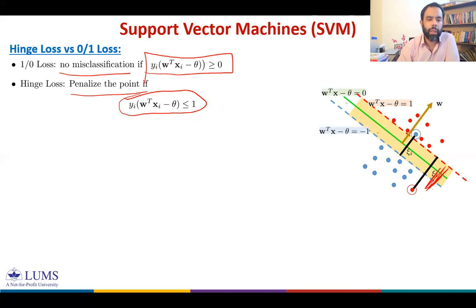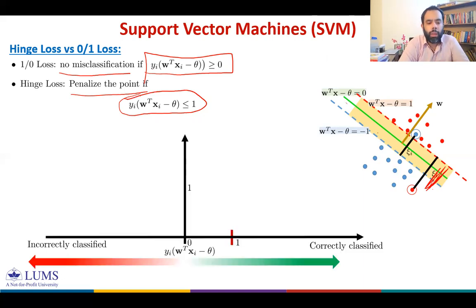Okay, let's visualize. I have yi (w transpose xi minus theta) on the x-axis. When this is equal to 0, this is the decision boundary. Any point to the right of this would be correctly classified, and when this is less than 0, it is incorrectly classified.